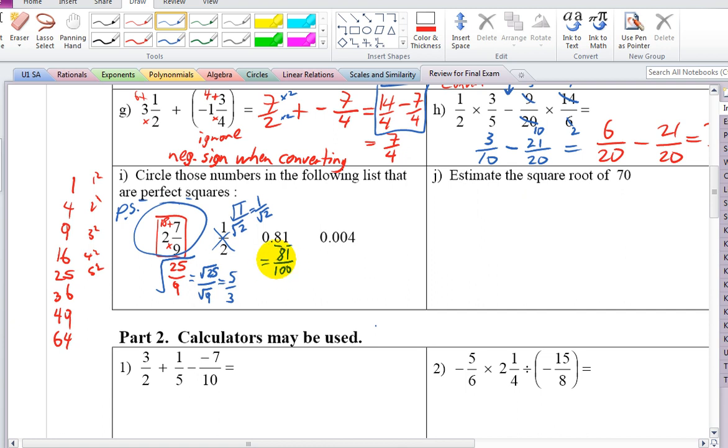Square root 81 over square root 100. Yeah, 9 over... No, 25 times 25 is huge. 10 times 10? Yeah, okay. So 10 times 10, yes, this is a perfect square. Okay. Mandy, if you do the next one.